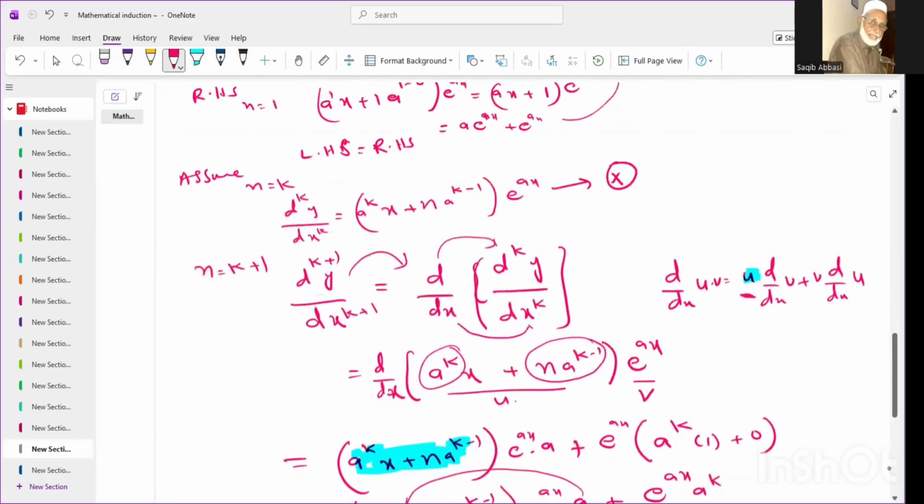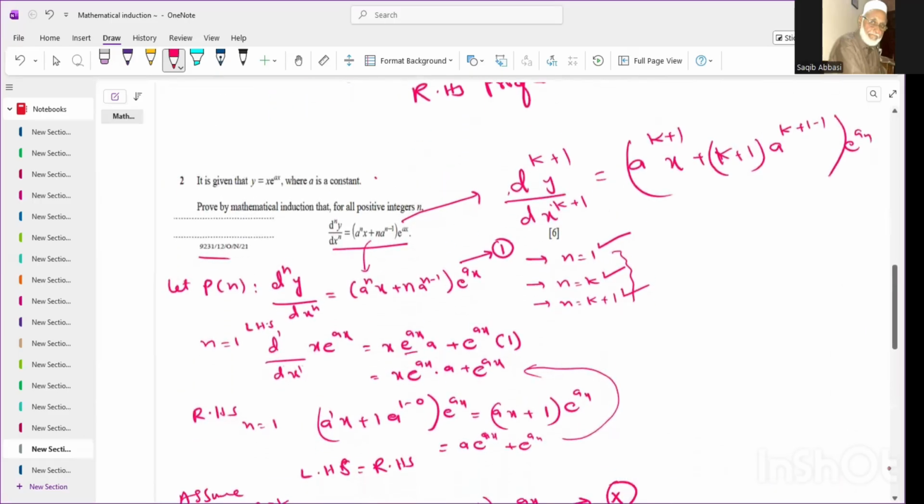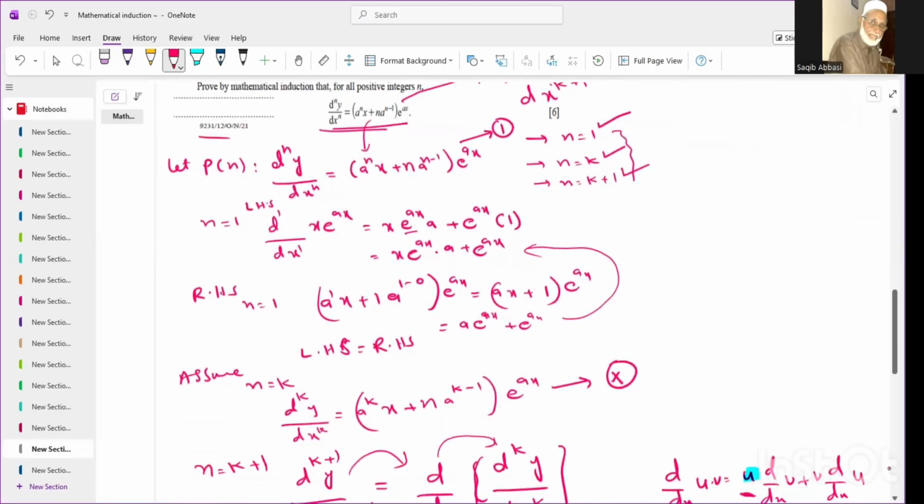First of all, we have to repeat this. What is our target? We have to prove this question by using mathematical induction. We put n equal to 1 and get the left-hand side equal to the right-hand side. Then we put n equal to k in the first equation, so we get this equation.